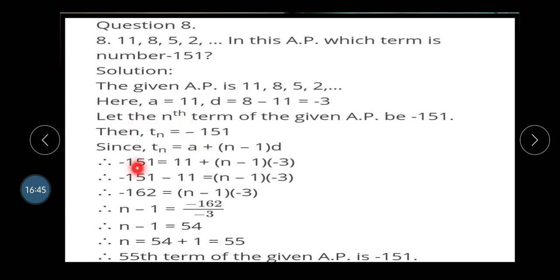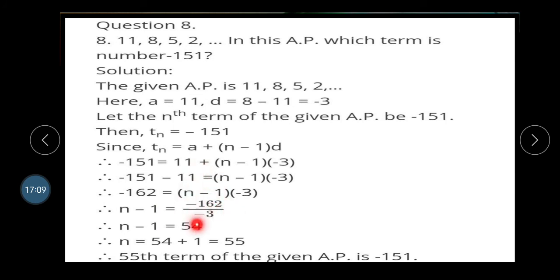11 will come to the LHS, so it becomes minus 151 minus 11, we will get minus 162, and we will keep the rest as it is. Now minus 162 equal to n minus 1 into minus 3. So n minus 1 equal to minus 162 upon minus 3.